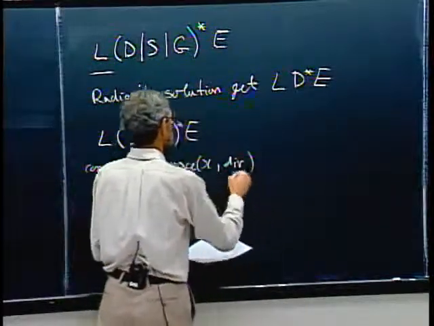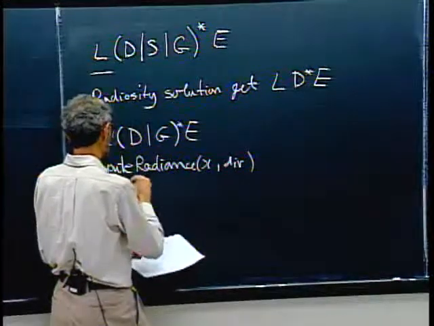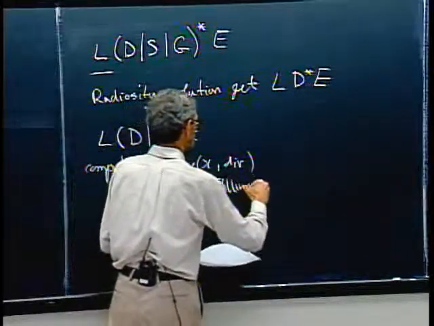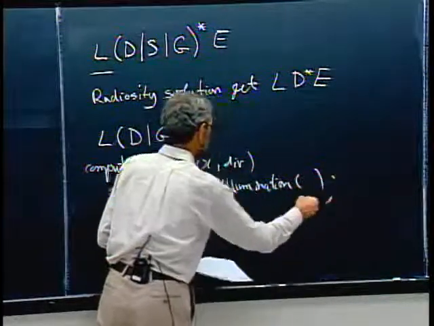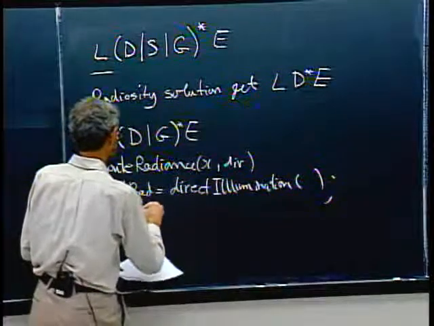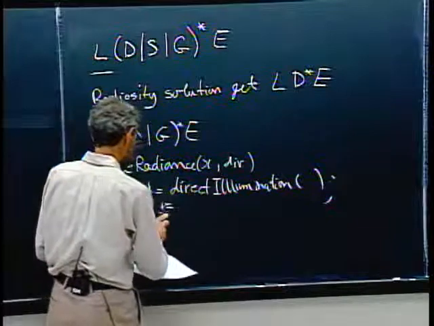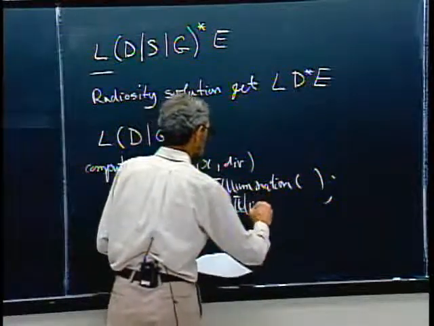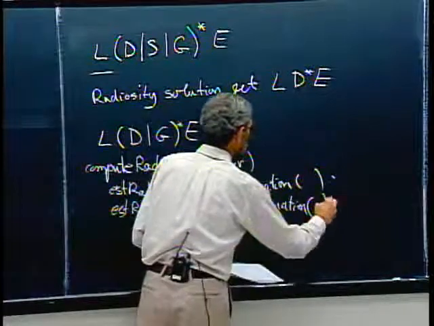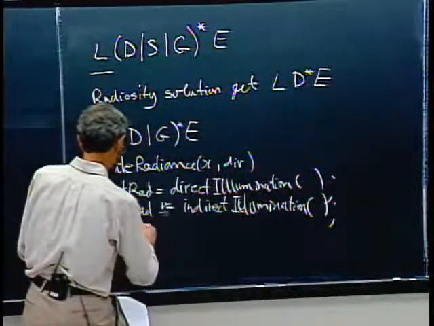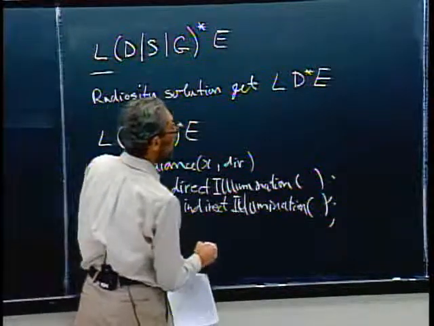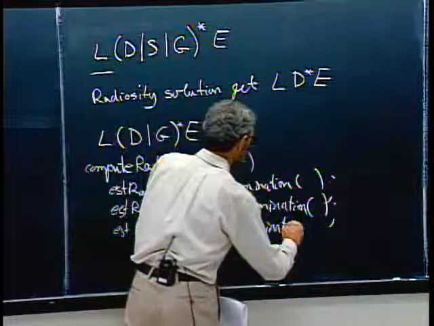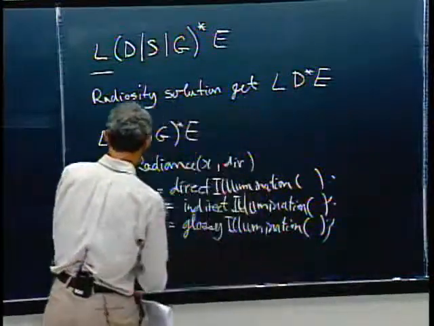So what you did for homework was estimated radiance equals direct illumination with x in the direction, and then estimated radiance plus equals indirect illumination, which is your shadow rays, and then estimated radiance plus equals, what did I call it, glossy illumination. So that's what you return.